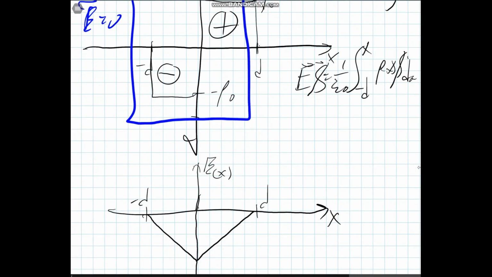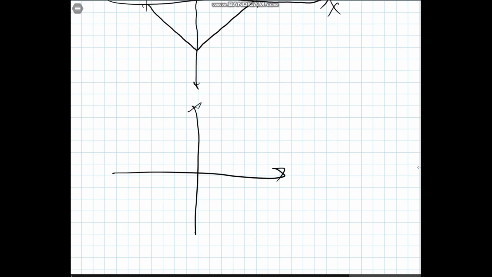Our electric field is going to follow this path here as we integrate the negative side. And then if we integrate the positive side, it's going to go back up here. So that's going to be the electric field graph with respect to the x-axis. Voltage, this is where we're going to find VD on here. This is going to be the voltage graph.